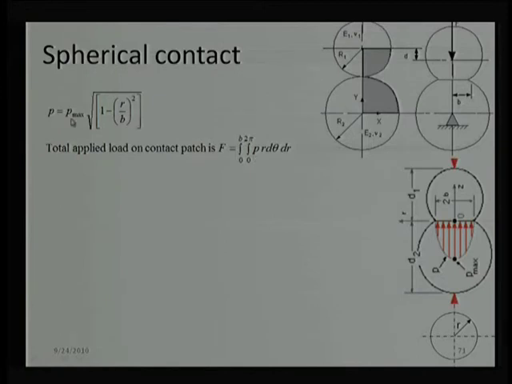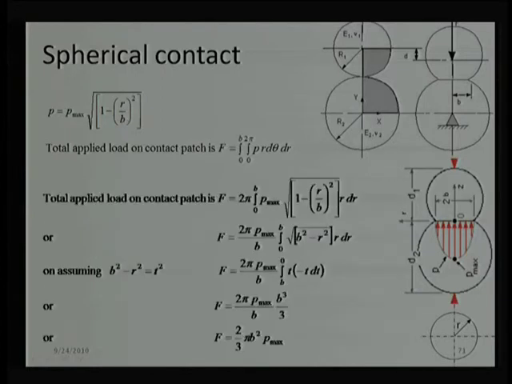If we substitute P, P max will be common, which will remain constant, and this is represented in terms of R by B. So, we can get the integration easily, as given over here. The whole expression does not depend on theta, so integration with respect to theta is simple.